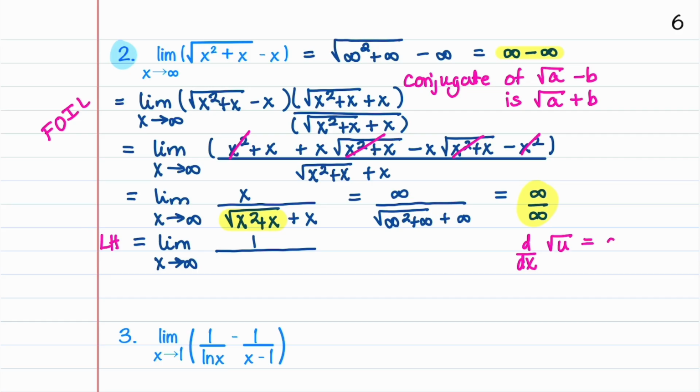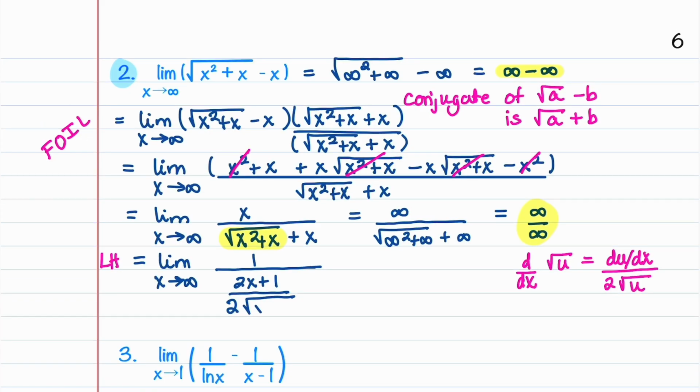This is equal to du dx all divided by 2 times the square root of u. Let's now apply that. Our derivative is the derivative of what is inside, so that is 2x plus 1, and we're going to divide that by 2 times our square root of x squared plus x, plus the derivative of x, which is 1.